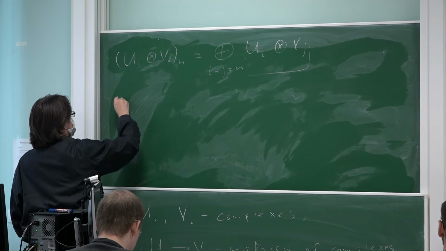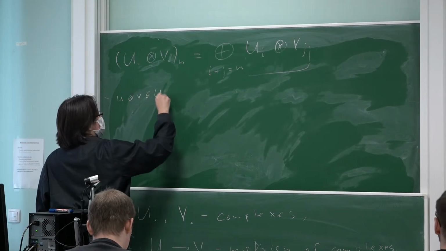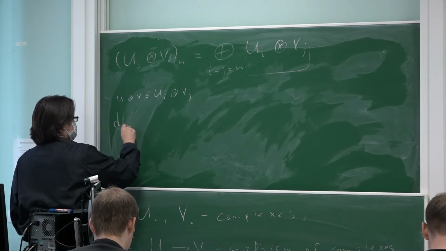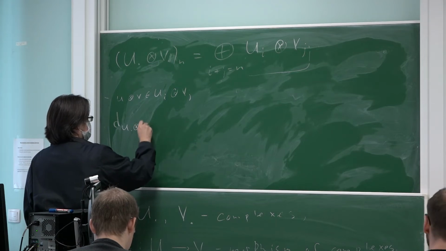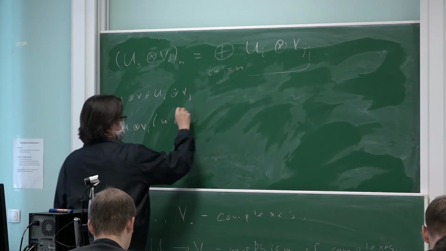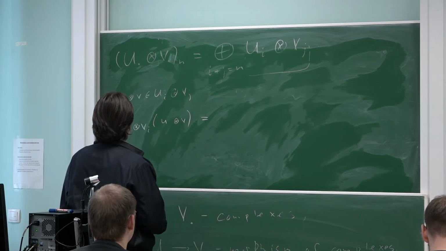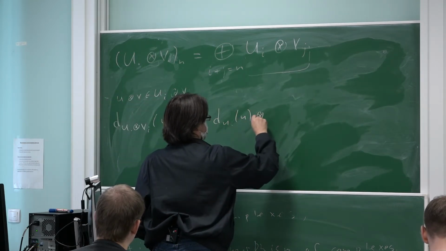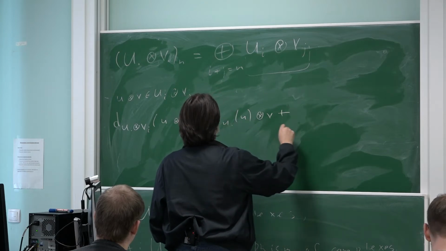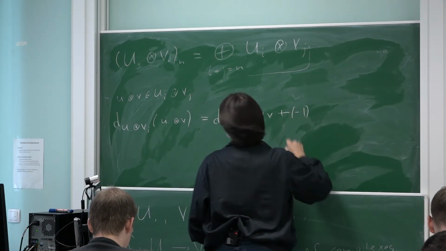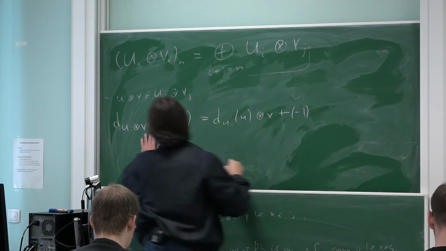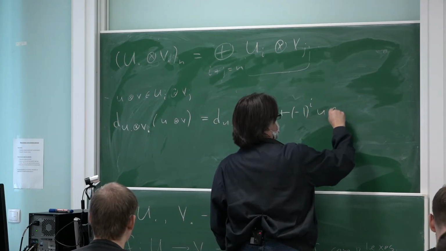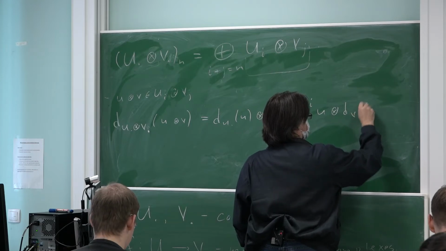So if you have u tensor v from U_i tensor V_j, then d of u tensor v is equal to du tensor v plus minus 1 in the ith power u tensor dv.